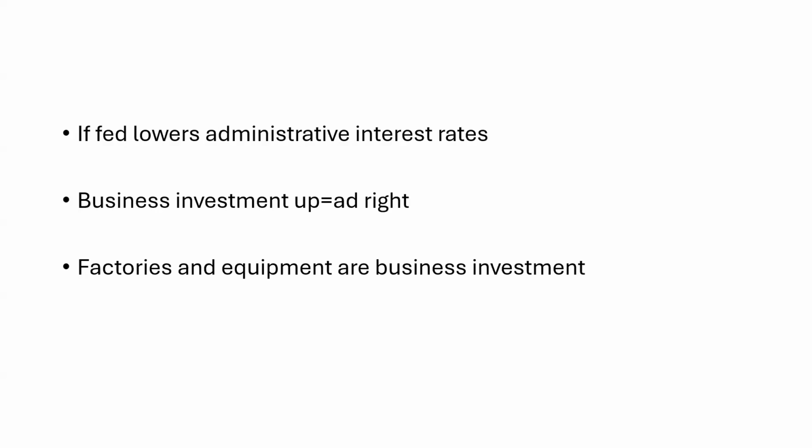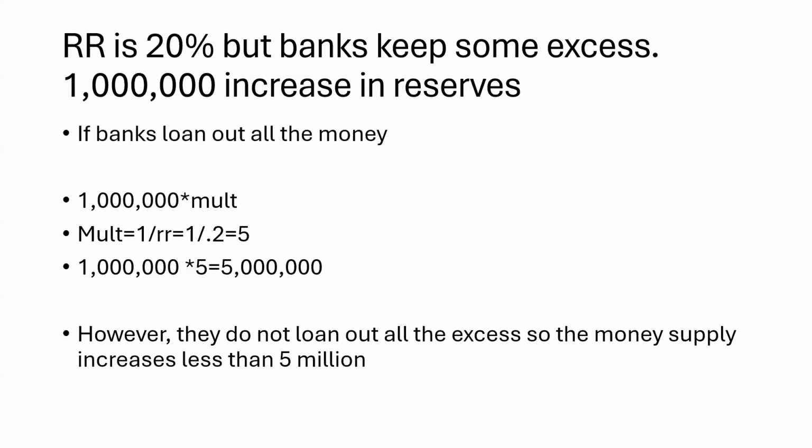Next one is 19 and 20. Assume the reserve requirement is 20%, but banks voluntarily keep some excess. On a 1 million increase in new reserves. Okay, so I got 1 million in new reserves.